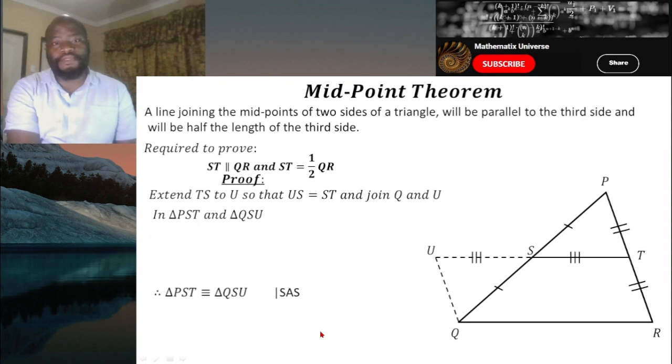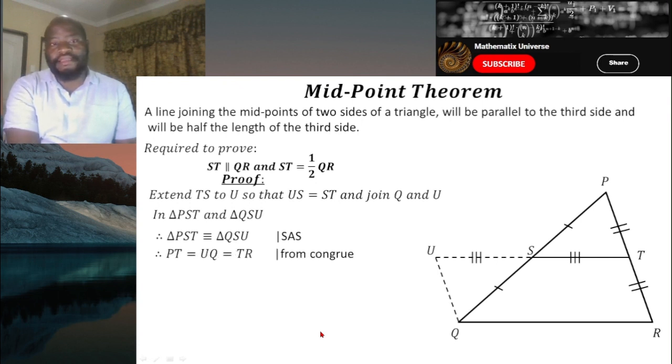Okay, let's put that up there. Now, we then see that this means that PT, this side in the triangle, is equal to this side in the triangle. And PT was already equal to TR from the given information.